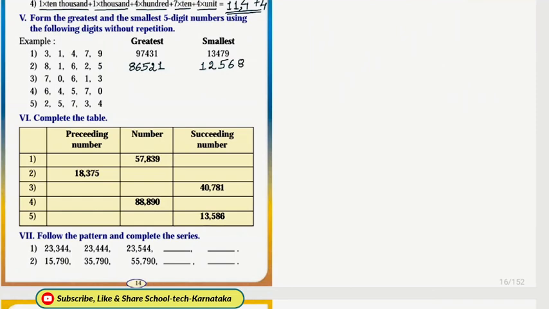We start from here and write it until 8. So this is how to find the smallest number when we already have found the greatest number. It works for all the numbers except for the numbers where one of the digits is 0.